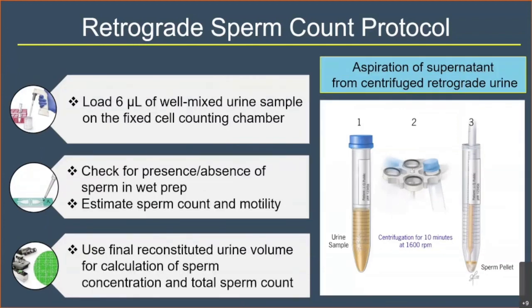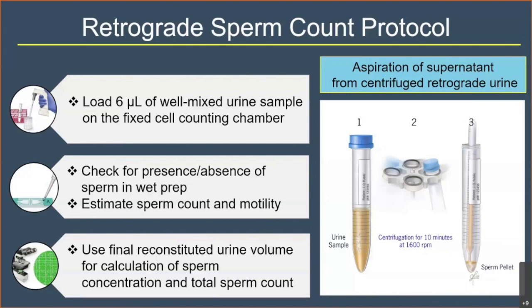For the final total pool volume of the well-mixed urine sample, one would take an aliquot of 6 microliters and load this on a fixed cell counting chamber. This is examined under the phase contrast microscope. The first step is to look for the presence or absence of sperm, and then if sperm is present, estimate sperm count and motility.